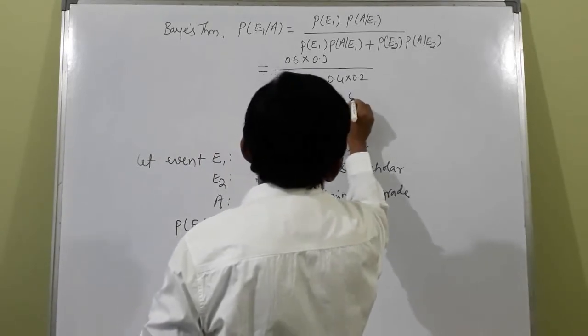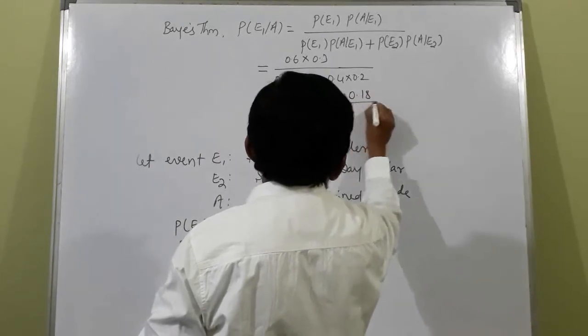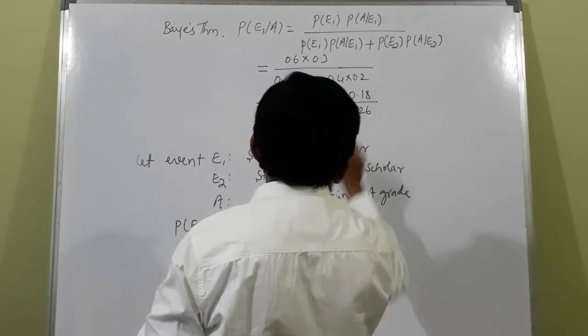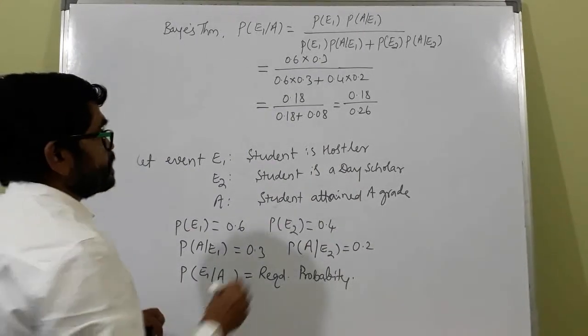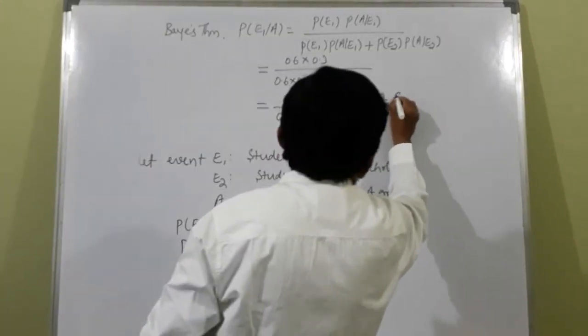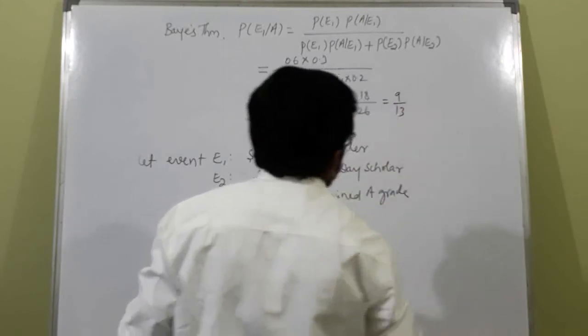This is 0.18 over 0.26, 18 by 26, 9 by 13 it is. So 9 by 13.